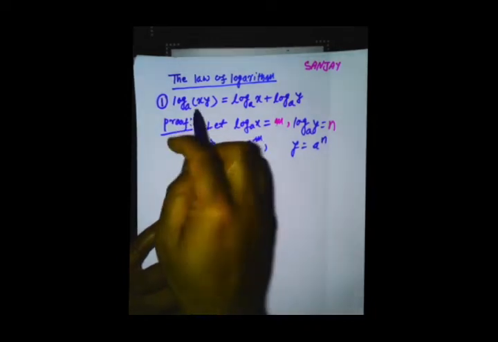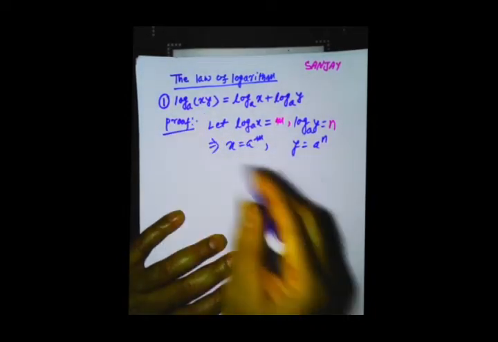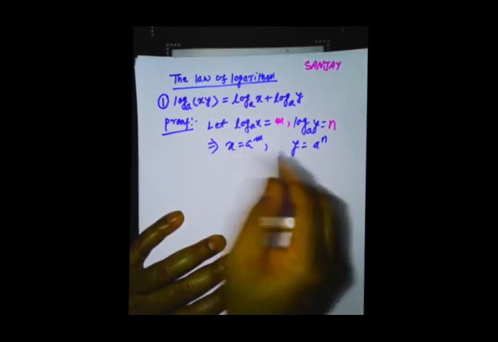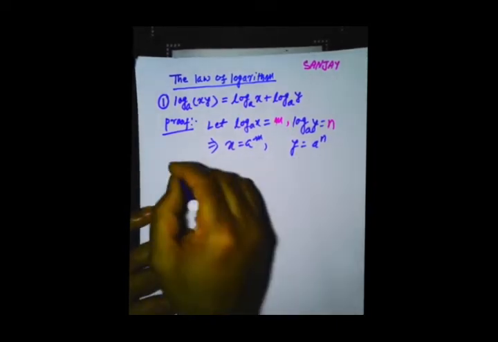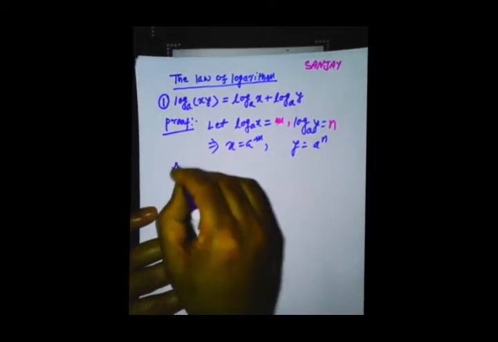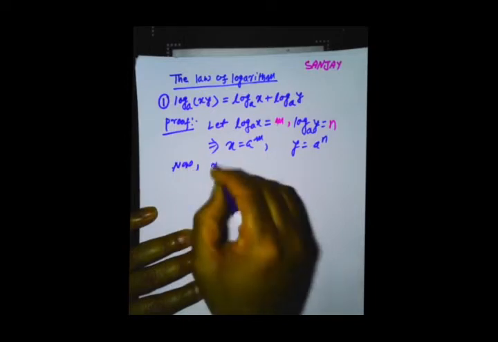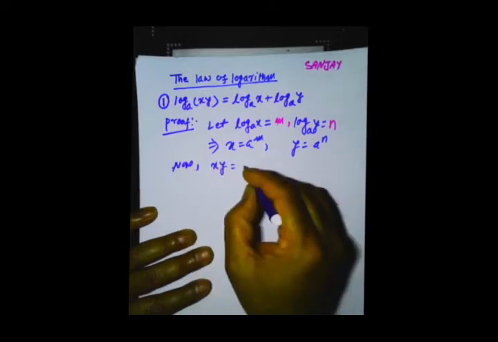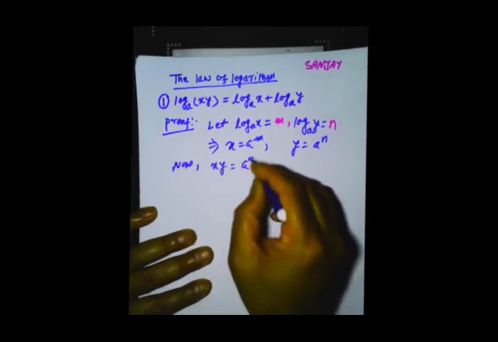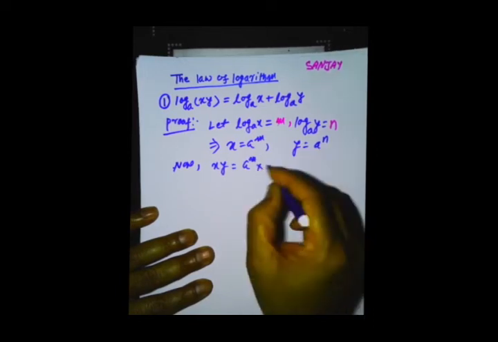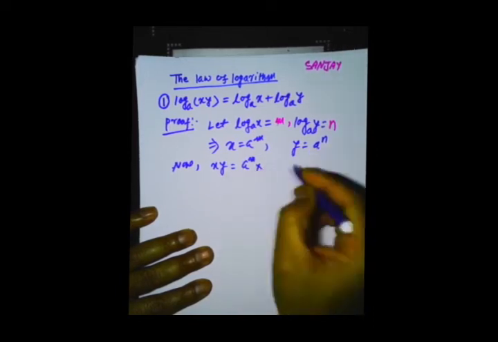Now as you see, we are dealing with the product rule, so we shall take the multiplication of x and y. Therefore we have x times y equals a to the power m times a to the power n.